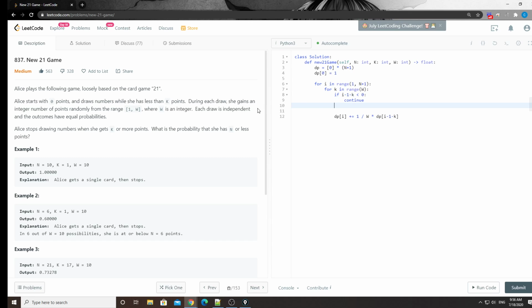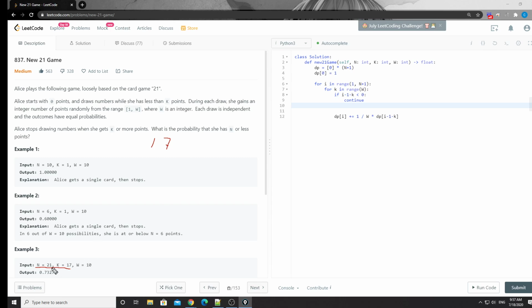But the problem here is that once the number reaches K, we won't be drawing another number, right? For example, let's say the K is 17, right? And the N is 21.